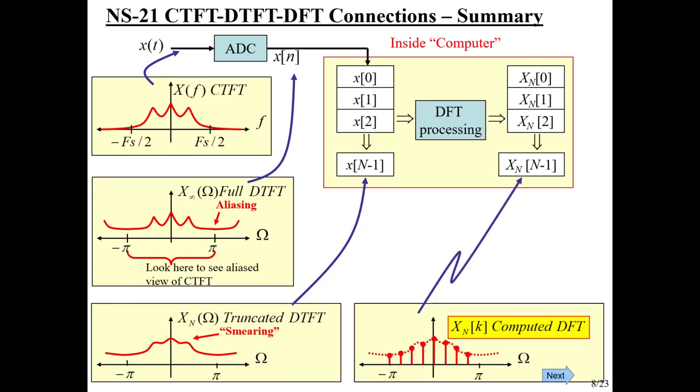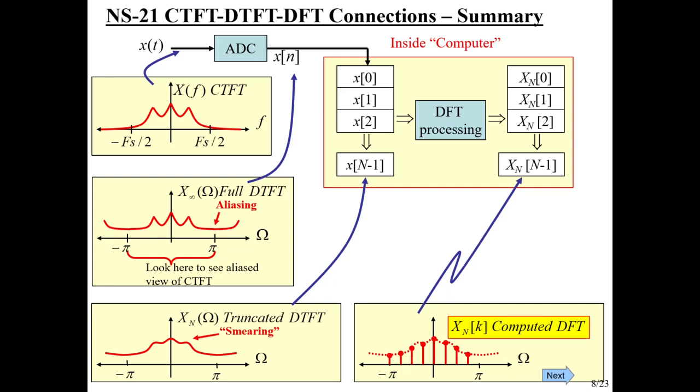But what ends up happening? Here is the most important thing on this slide. The computed DFT is just a bunch of points. So that's these little red dots, and I'm showing them as kind of a stem plot. And you can see that since it starts at minus pi, I've done the FFT shift command that I talked about in an earlier video, one of the review videos. And we also talked about the spacing between these.